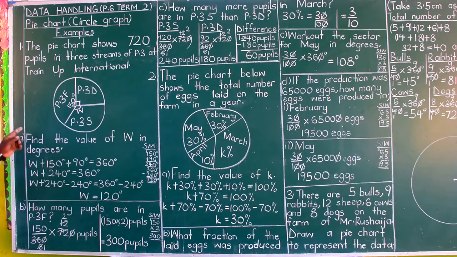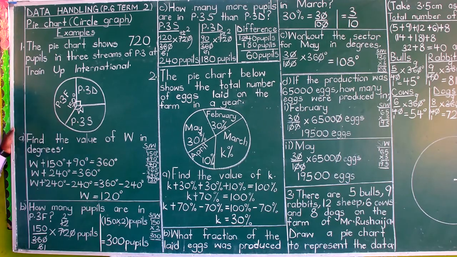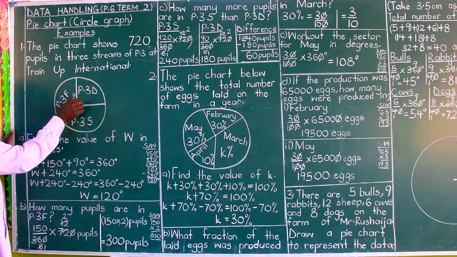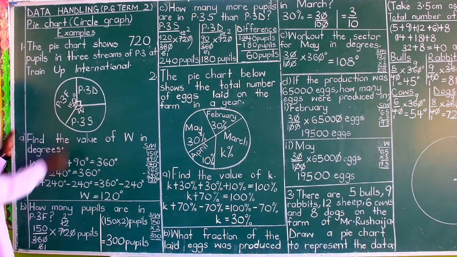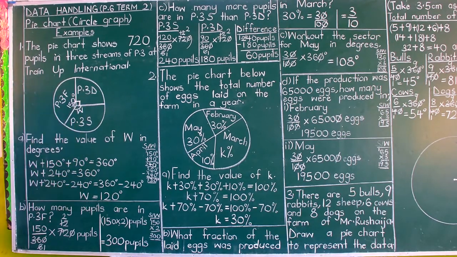So therefore, question A says, find the value of W in degrees. Of course, it's already in degrees because of the degrees shown for both 90 and 150. And now, we start: W plus 150 degrees plus this 90 degrees equals 360 degrees.